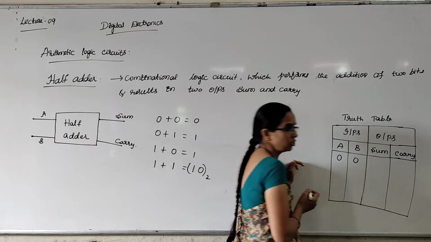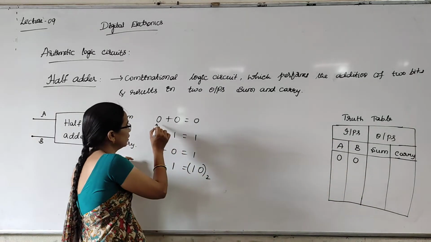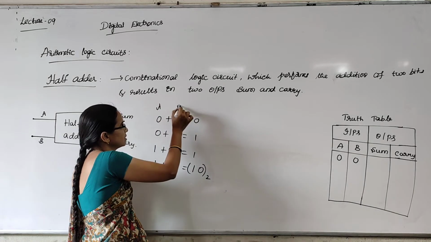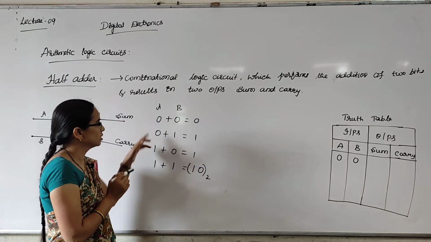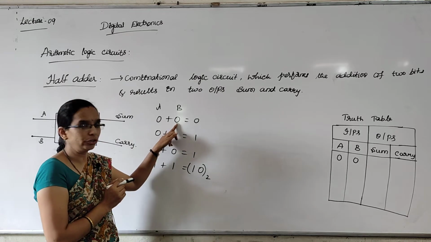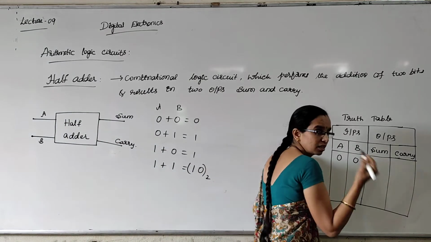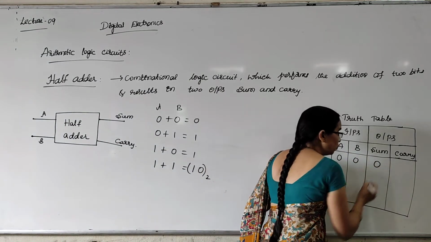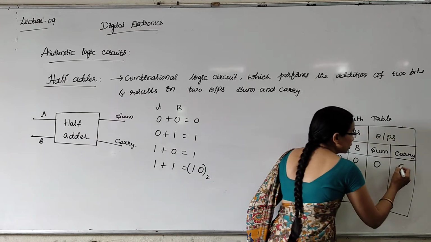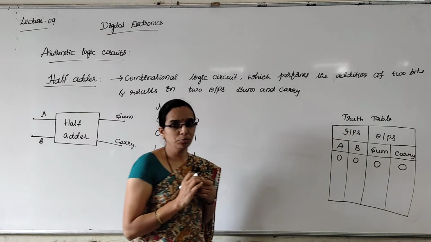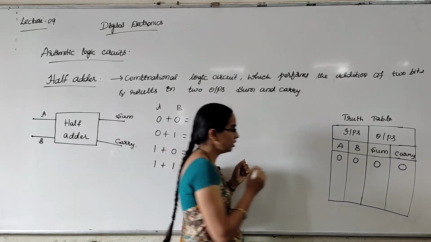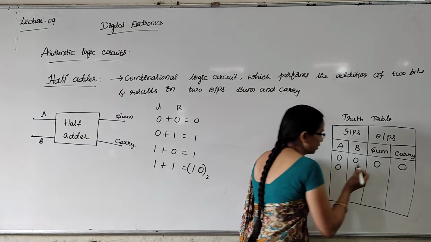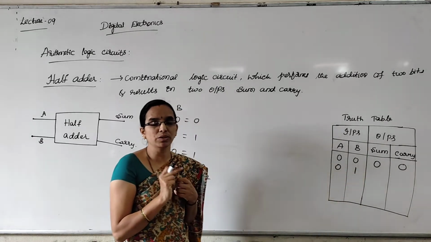If 0 and 0 are the inputs, if I consider this line as A and this line as B, you are going to add 0 and 0, the sum will be 0 and there is no carry, so the carry output will also be 0, right.